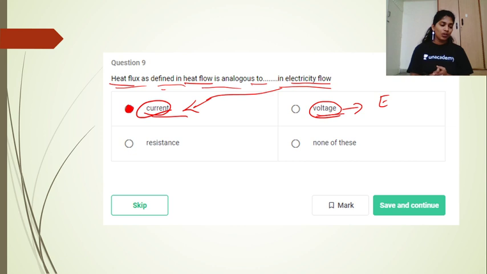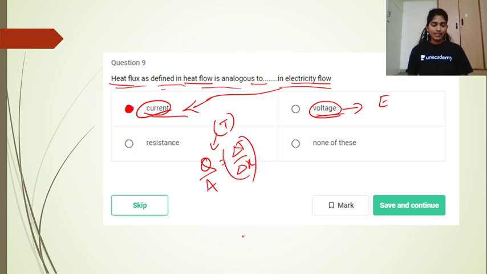See, in heat flow, with the help of temperature we are calculating heat flux, right? So Q by A is equal to delta T by delta X. At the same time, in electricity flow, with the help of voltage, we will be calculating the measure of current.